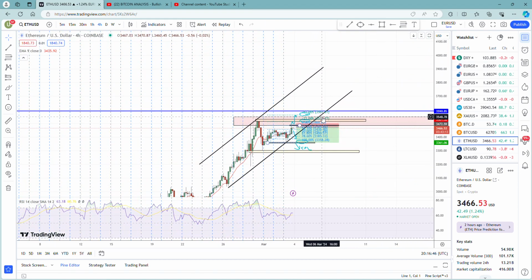I expect price to hit this region here, 3,600 approximately. The way it is, it's forming a high low, it's still within the trend line, it's going up. Obviously it's potentially rejecting from this daily resistance, but could just be forming a high low, which it is.